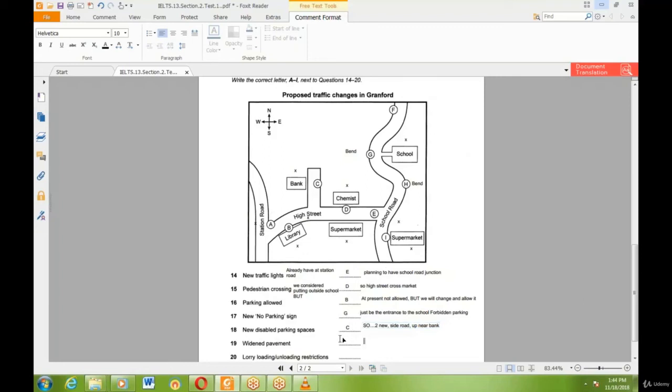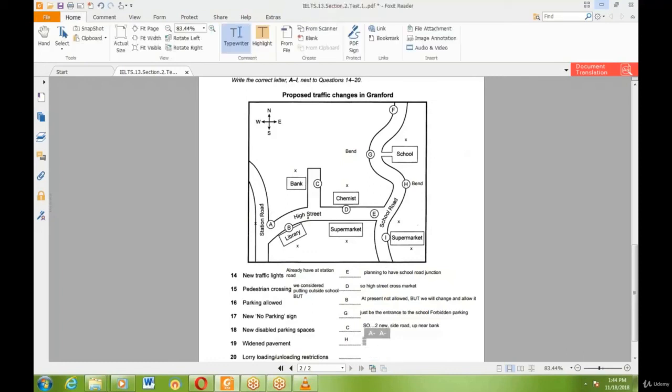Number 19. All right, number 19 is H. It's very good, everybody. For number 19, here's where the language is very helpful, knowing what the word bend means.